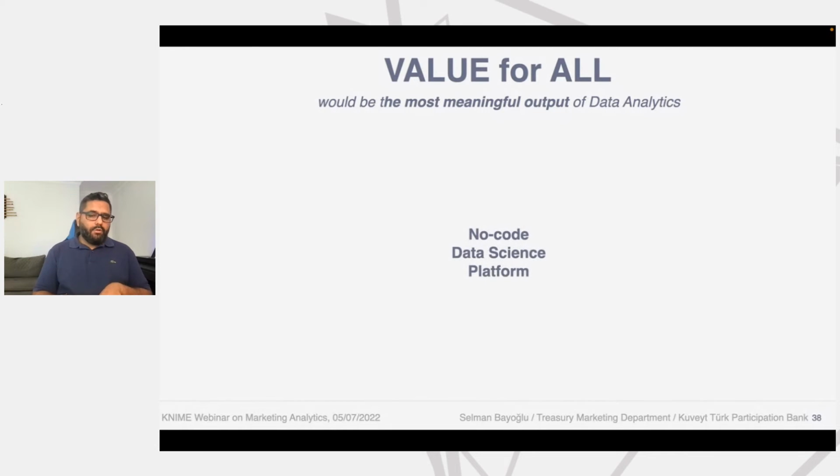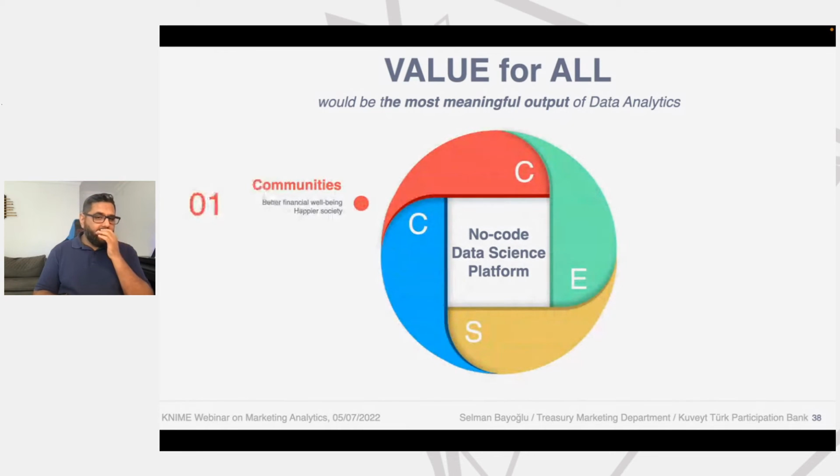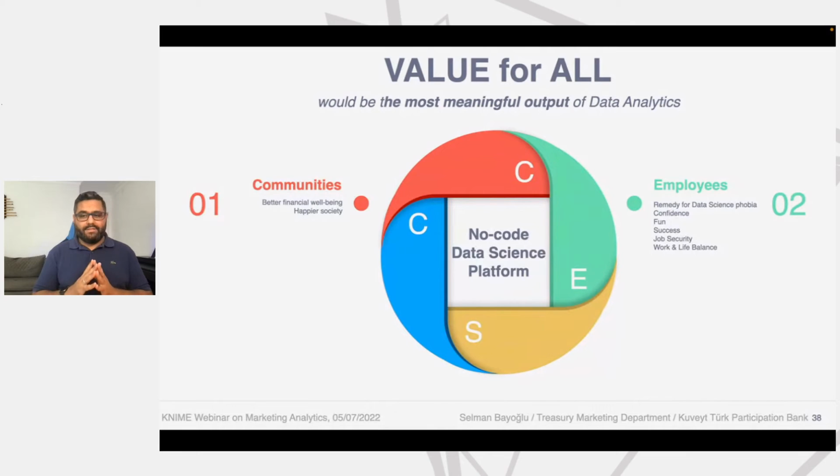So a no-code data science platform is helping communities have better financial well-being and a happier society. And for employees, it's a remedy for data science phobia, because many people are seeing the transformation of skill set.